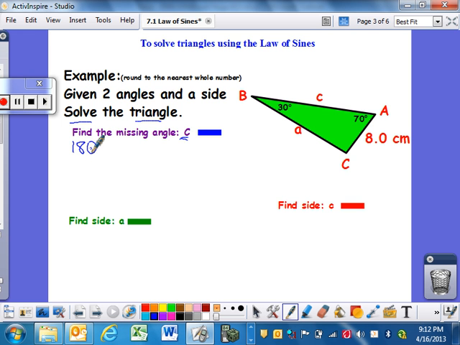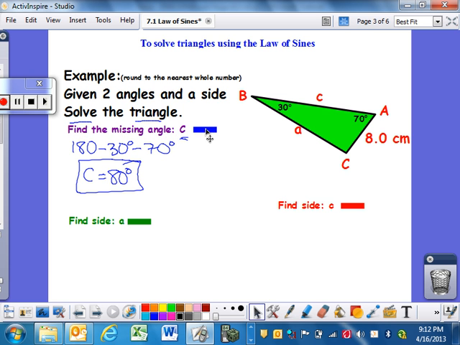If I subtract 30 and 70 from it, in any order, you should end up seeing that your remaining angle, capital C, is equal to 80 degrees, because 30, 80, and 70 should add up to 180. So I know that this angle right here is 80 degrees.